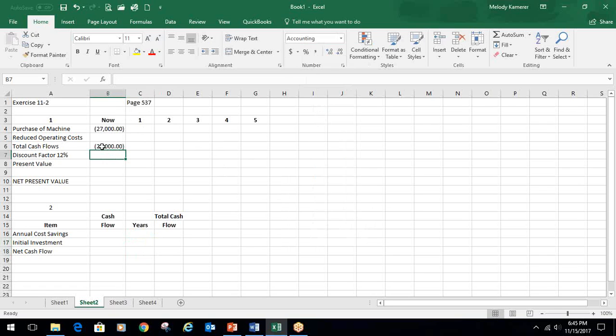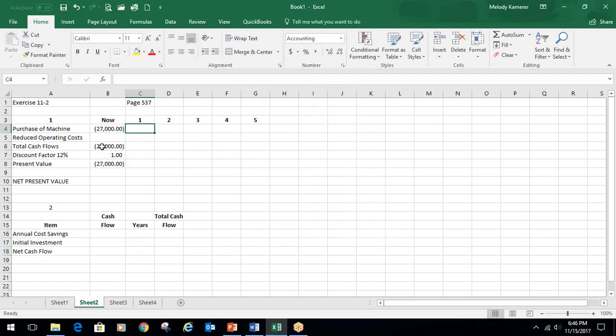But when it's in the current year, your discount factor is always 1. So the present value of our cash outflow, the purchase of the machine, is the actual $27,000.